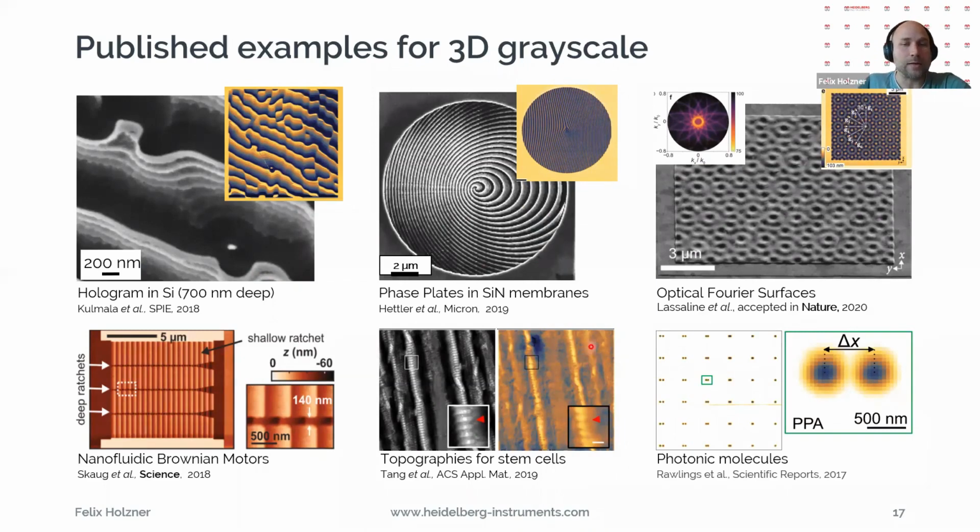Here are a few examples which have been published in recent years. We just heard this week Nolan talking in a webinar about new optical Fourier surfaces. This will also be published in Nature soon. A super interesting approach of combining sinusoidal structures, very accurately written with a NanoFrazor, to have interesting diffractive properties of your surfaces, a very cool approach.